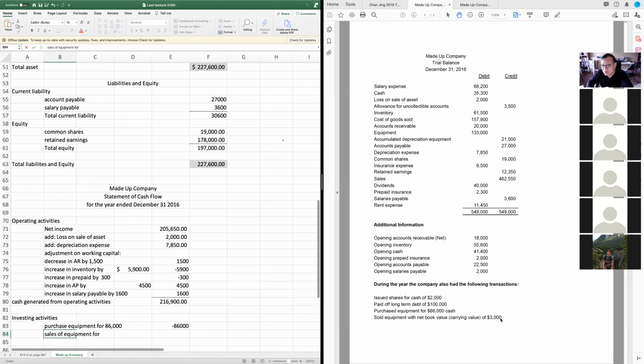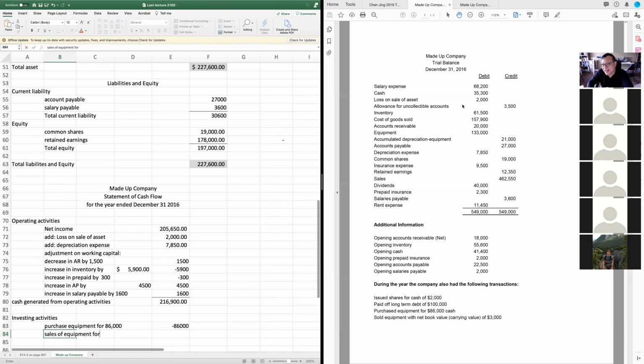Do you have a gain or a loss on this sale of equipment? You don't know? You have a loss, right? The loss on sale of asset is 2,000.